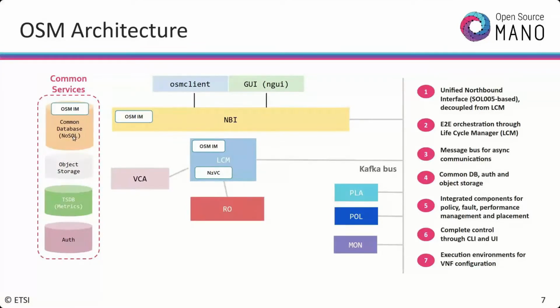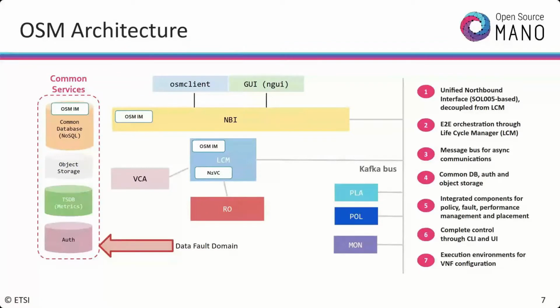So two specific technologies, a NoSQL database and an SQL database, are being used here, and these by themselves represent a fault domain as well. So that's their own data fault domain. That means that these things can fail independently from the OSM software.